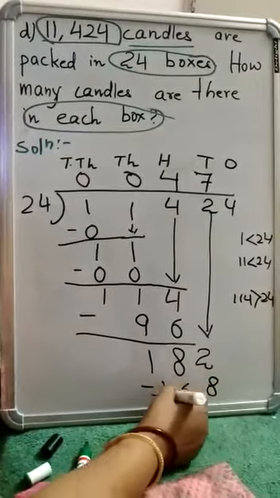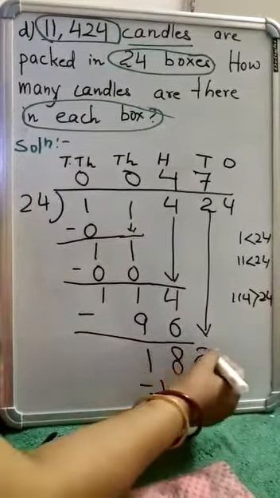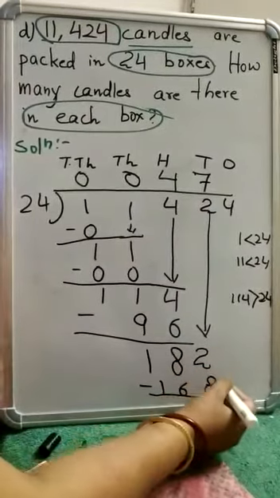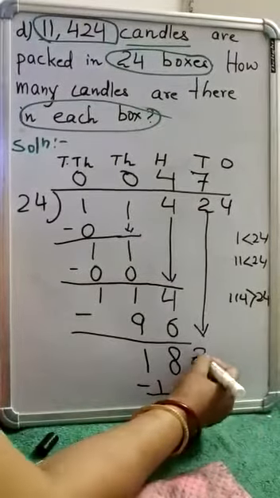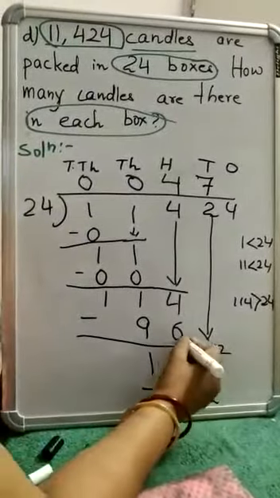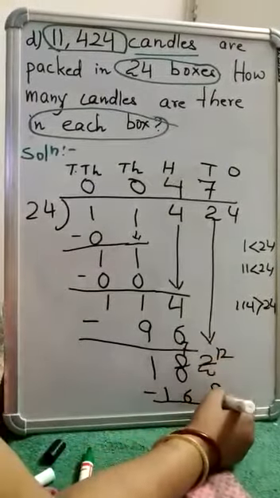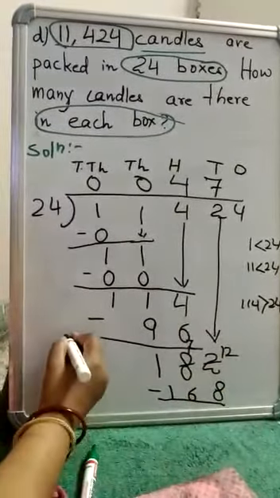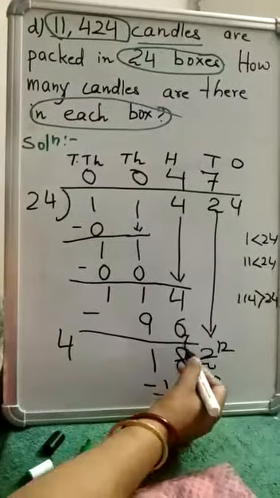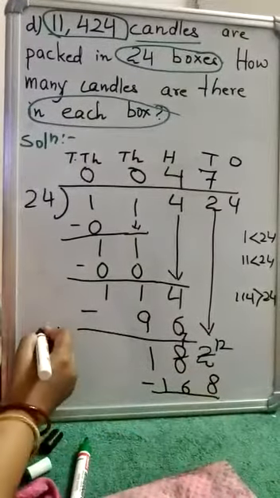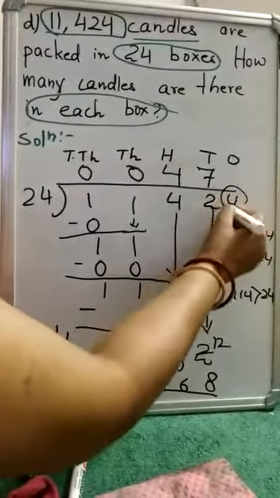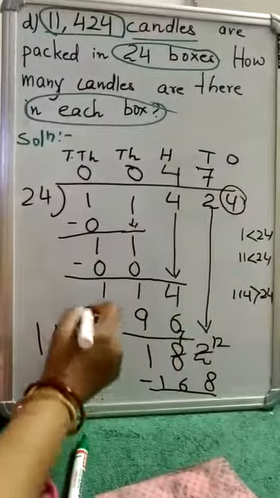Now I will do subtraction. 182 minus 168. Now 2 will become 12 and 8 will become 7. So 12 minus 8 is 4 and 7 minus 6 is 1. Now I will write down this 4 over here, 144.